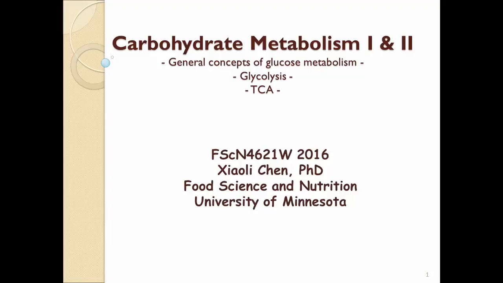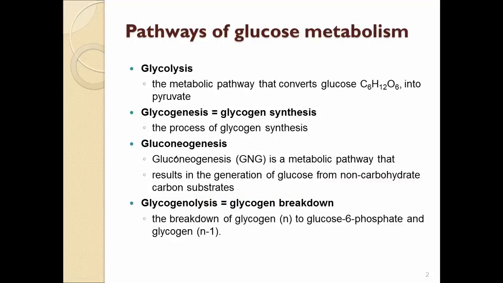So for carbohydrate metabolism 1 and 2, there are 5 pathways for glucose metabolism: glycolysis, glycogen synthesis, gluconeogenesis, glycogen breakdown, and the pentose phosphate pathway.